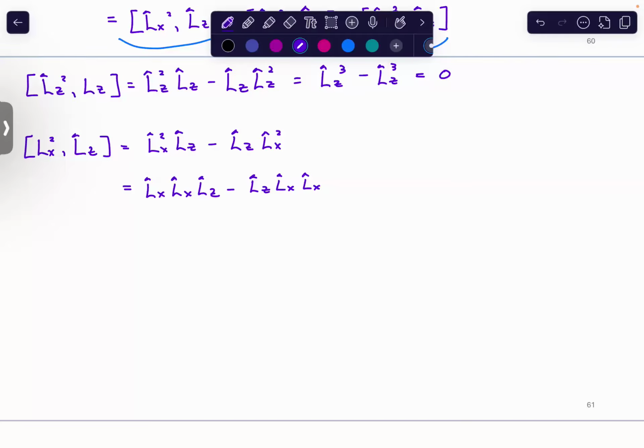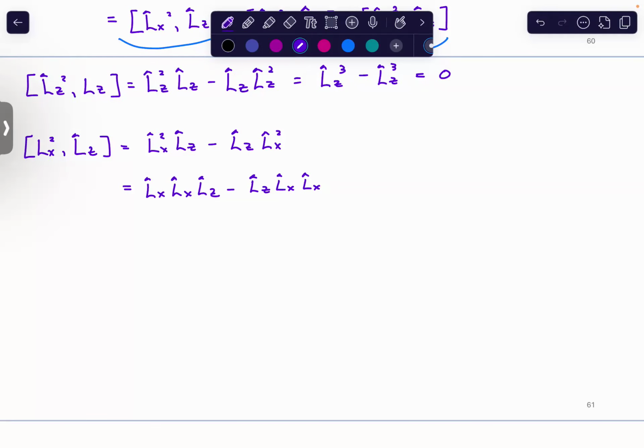Here you see one of the commutators we worked on, Lx Lz minus Lz Lx. Here's the problem. I can't just factor out an Lx because on the first term, it's in the front, and on the second term, it's in the back. We can't just flip them around like that. So we do what physicists do, and it makes mathematicians' heads explode: we're just going to add 0 in the middle.